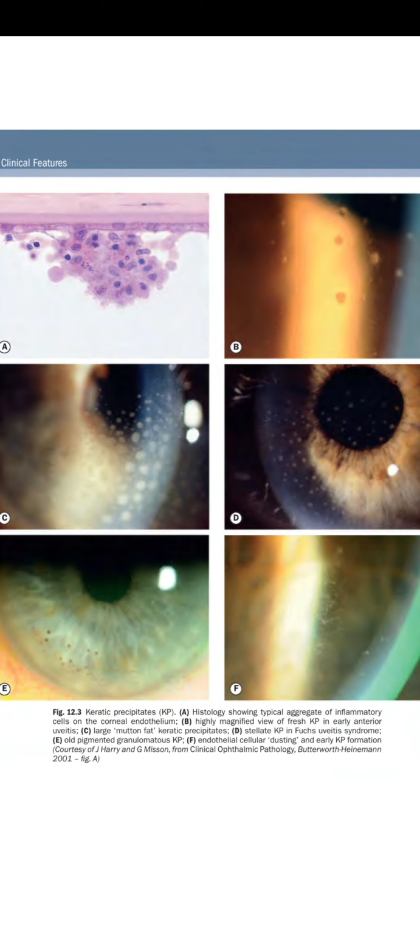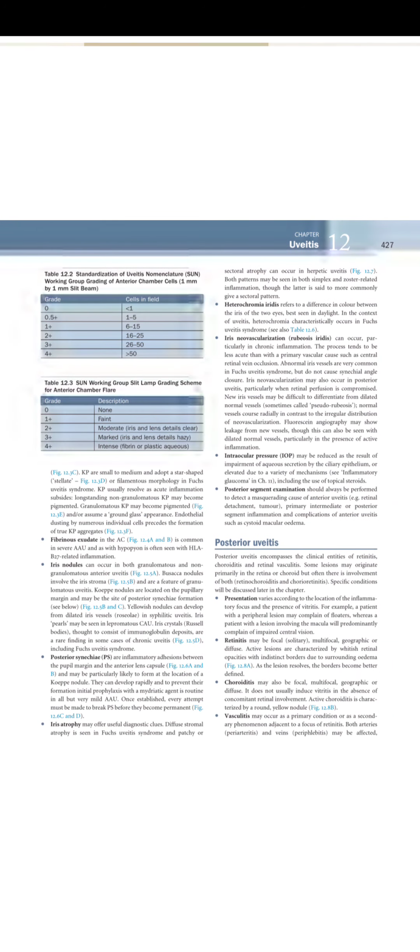B shows a highly magnified view of a fresh KP on the inferior cornea in early anterior uveitis. C shows large mutton fat KPs. D shows stellate KPs in Fuchs uveitis syndrome. E shows old pigmented granulomatous KPs, and F shows endothelial cellular dusting in early KP formation.